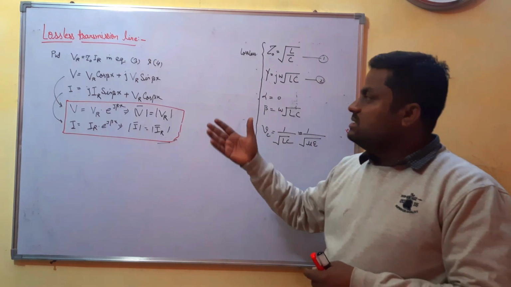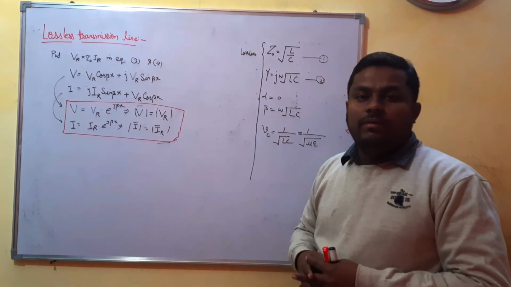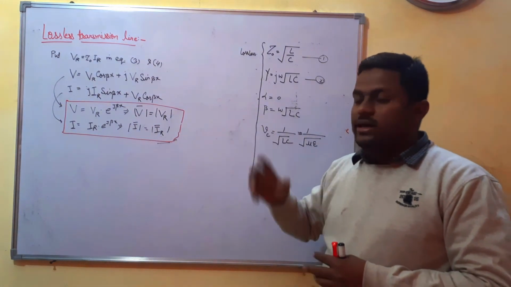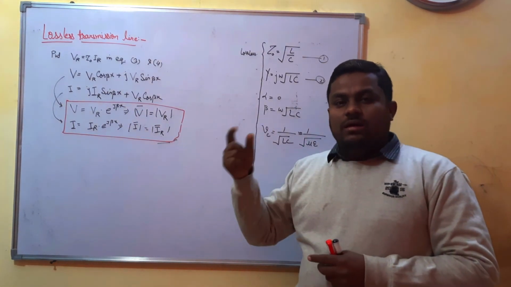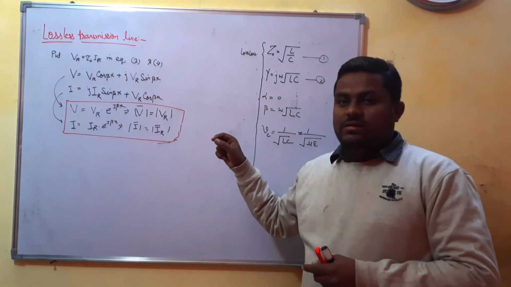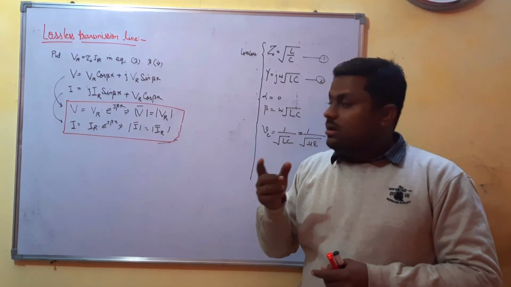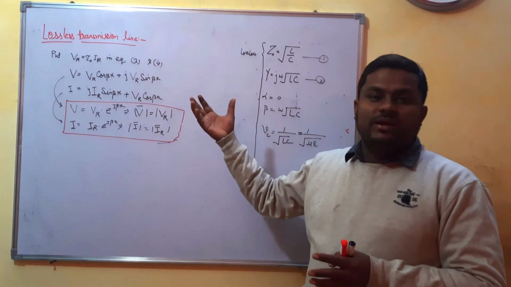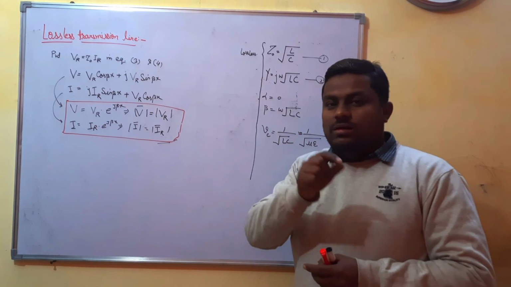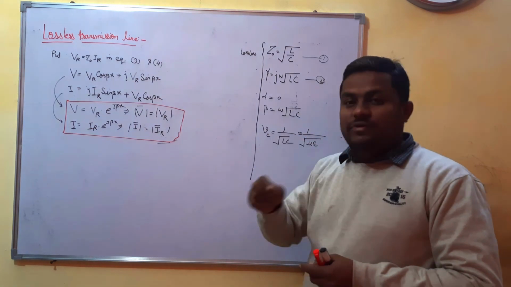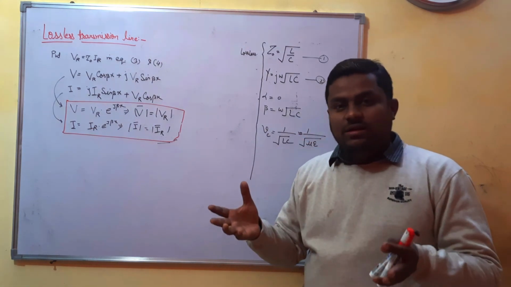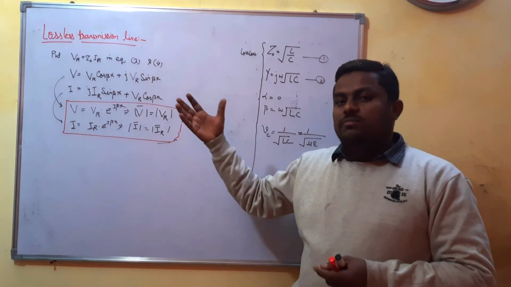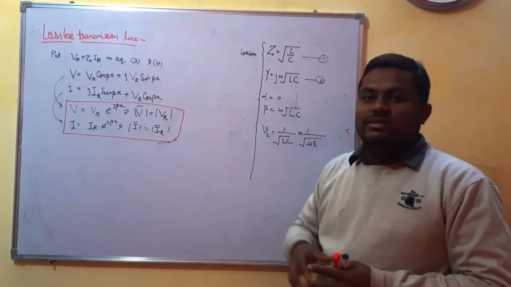So this is not practical for a power transmission line, but for a communication line it can be done, because there the impedance at the receiver end is constant. Suppose we connect a loudspeaker or mic, the impedance of that loudspeaker or mic is constant. So this condition, ZL equal to Z0, can be achieved in a communication line, and this is called impedance matching.